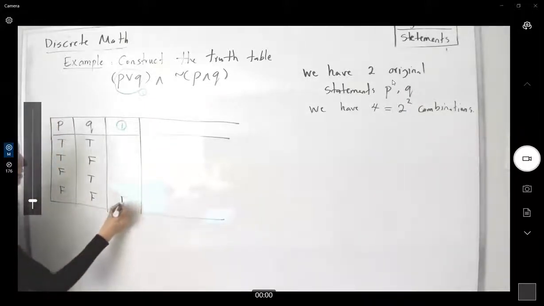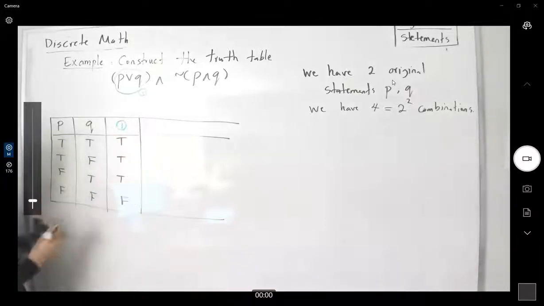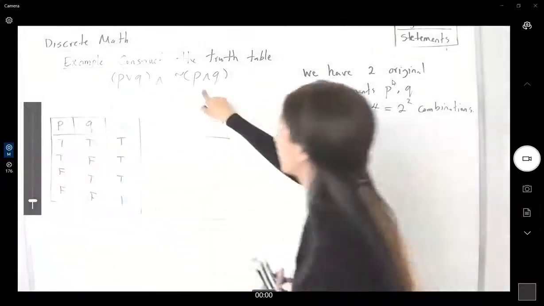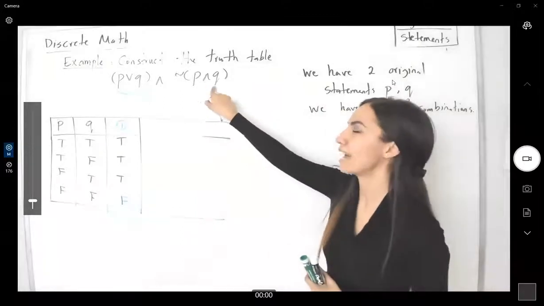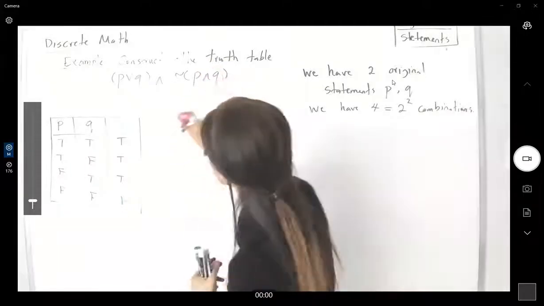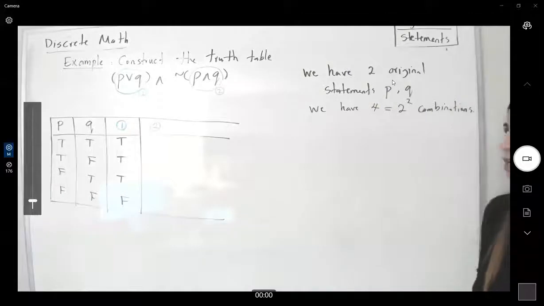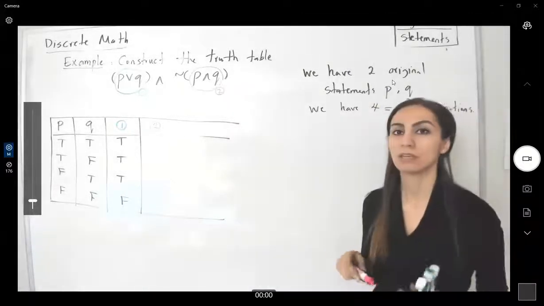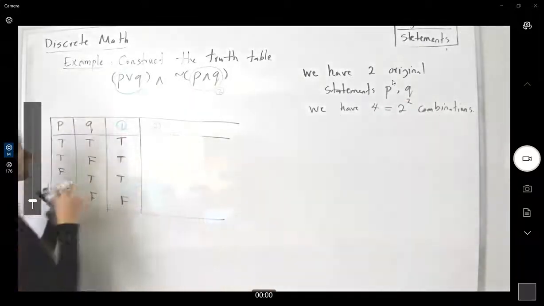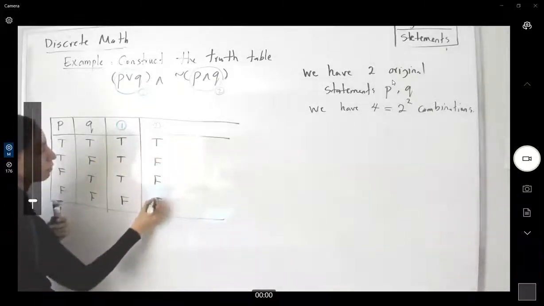So it is false and the rest of them are true. Now I'm going to go to the next parenthesis. I have P and Q. Let us number this 2 for simplicity. I'm going to write down 2 here. P and Q. We know that P and Q is true if and only if both of them are true. So true, true, you get true, and the rest of them are false.